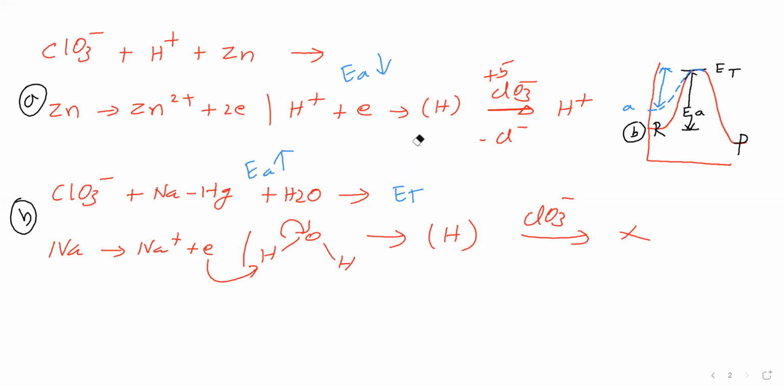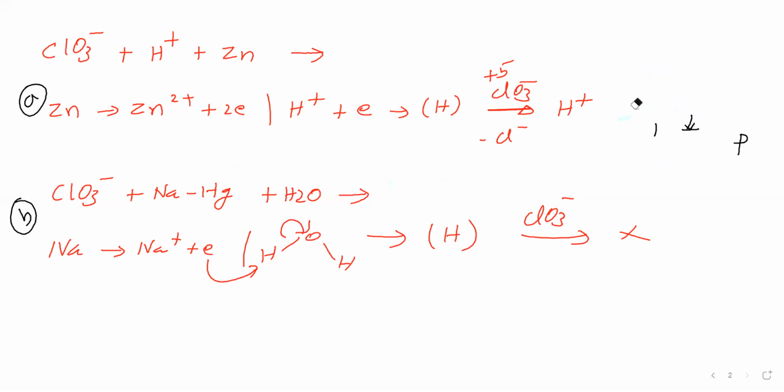Sir, so chlorate is not converting into chloride in the presence of sodium amalgam and water. Chlorate converts to chloride in acidic medium by zinc, because here nascent hydrogen has high reactivity, here nascent hydrogen has low reactivity.